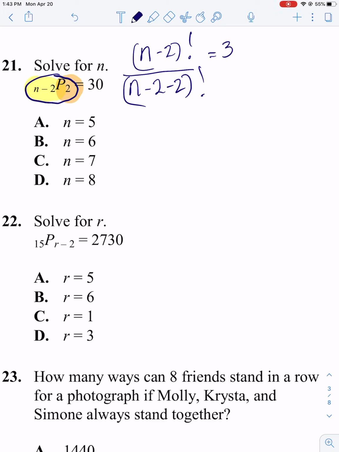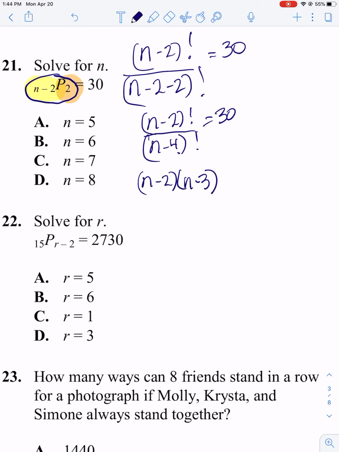That equals 30. So I'll have n minus 2 factorial over n minus 4 factorial makes 30. I'm going to expand the top so that I can cancel because I have to get lower. So I have n minus 2, n minus 3, n minus 4 factorial. Remember, factorial, I'm getting one less every time, over n minus 4 factorial equals 30.